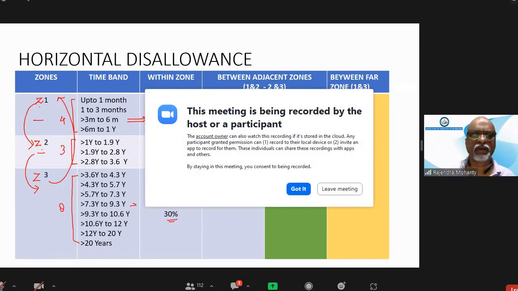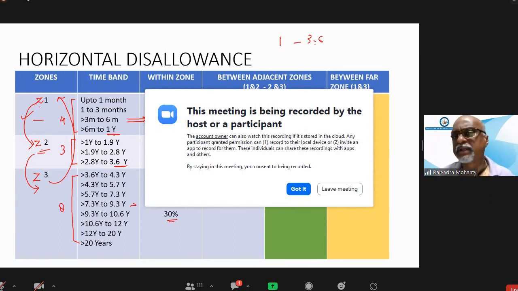Otherwise, just remember that up to 1 year is zone 1. Sometimes, if it is not given, up to 1 year is zone 1, more than 1 year up to 3.6 years is zone 2, and above 3.6 years is zone 3. So you can relate which zone they are falling in. Remember 1 and 3.6, that's all.